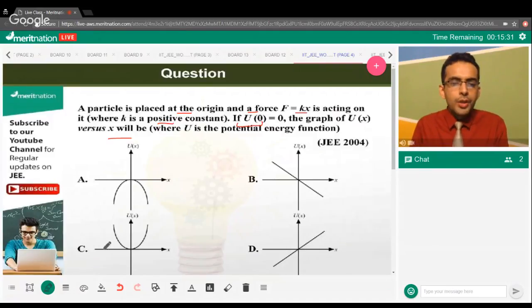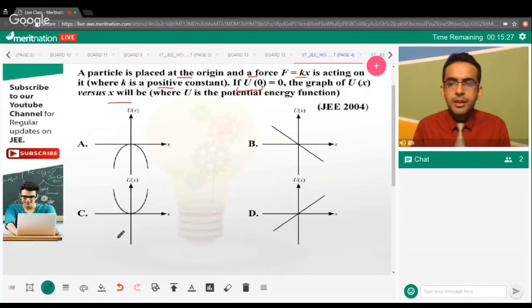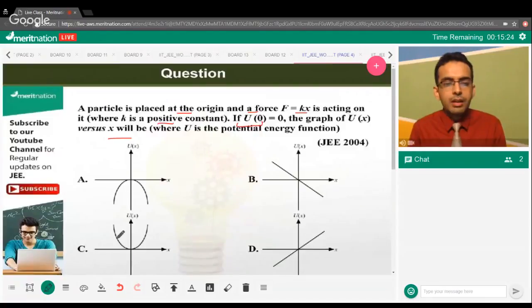Students, you should understand one thing: potential energy is basically defined for conservative forces, for example spring forces, gravitational force, electrostatic force.